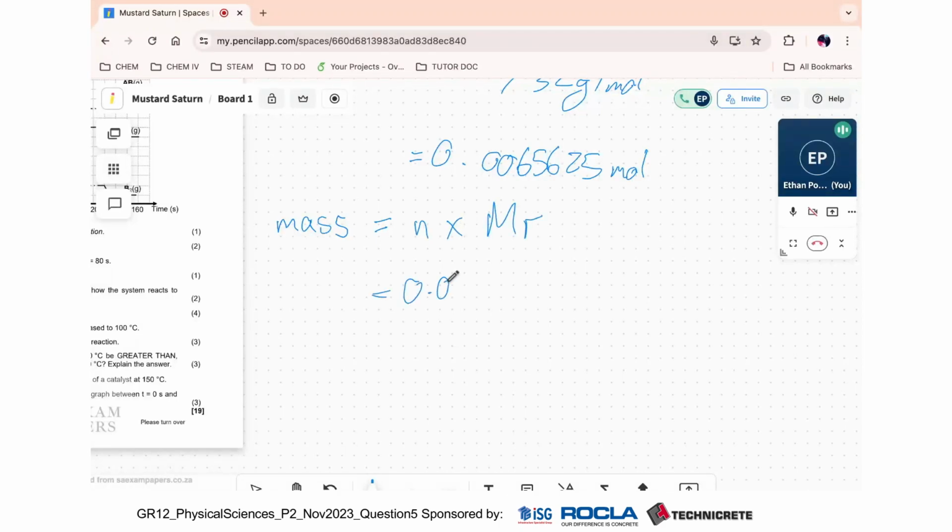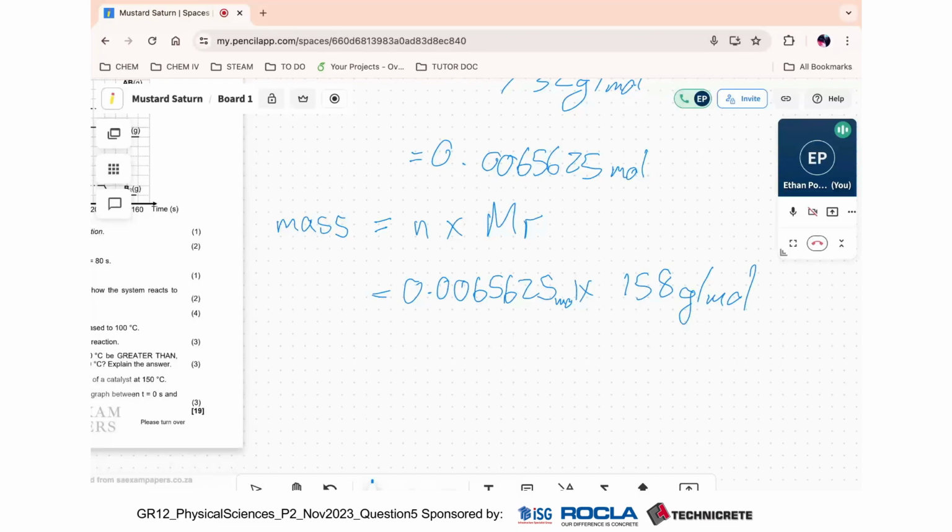So we carry our answer from before times the molar mass of sodium thiosulfate, which, if we can just look this up real quick, it's 158 grams per mole. So this was in moles, times grams per mole. You can see that our units of mole cancel and we'll be left with grams.